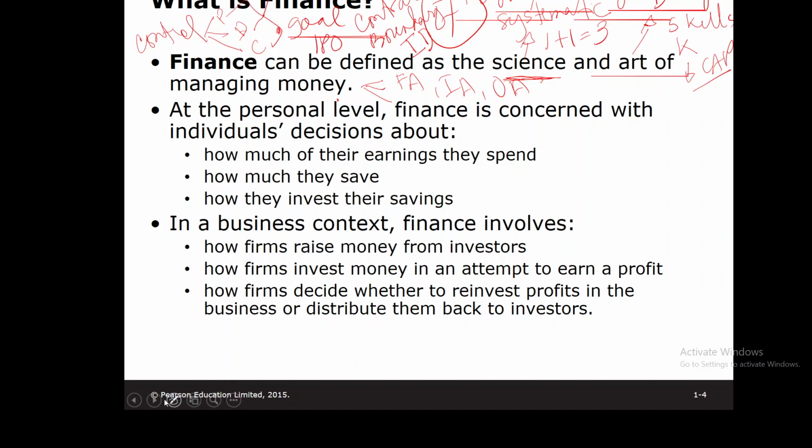Okay, now what else do we have to be concerned of? Take a look at the definition. It has a personal level and a business context level. And when you say personal level or business context level, you are talking about who?